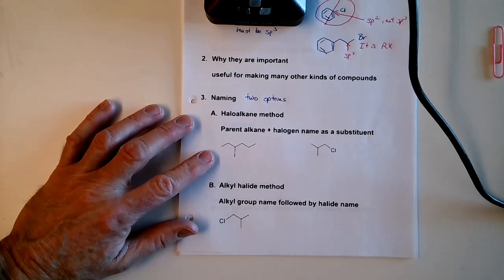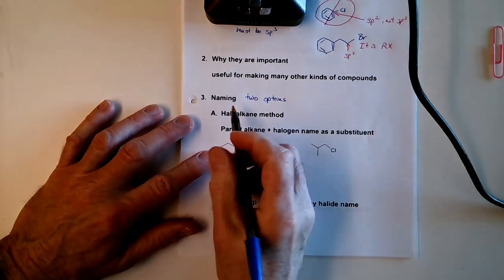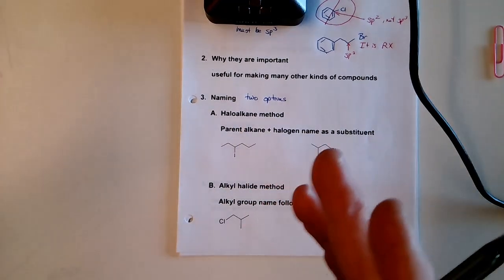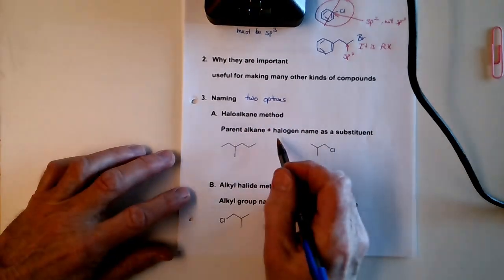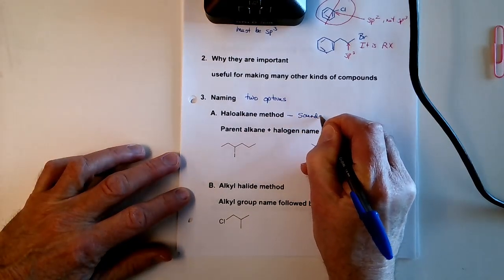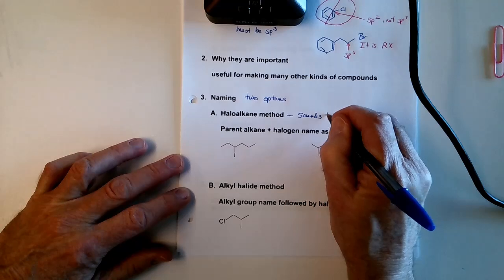The first one is the so-called haloalkane, meaning you're going to name it so that it sounds like an alkane when you're all done. Okay, so that's what you can expect.